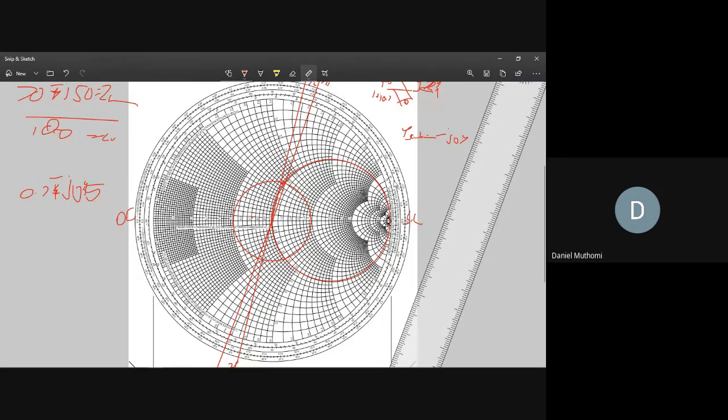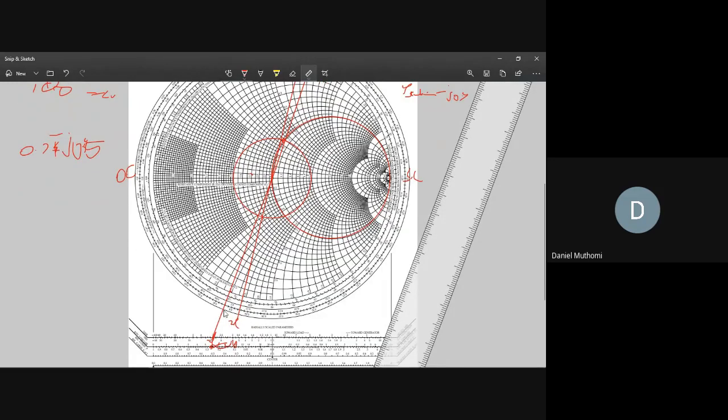So find its termination. It's your Y stub here, reading it towards the load. So the wavelength here up to the short circuit, which is 0.25, so 0.25 minus 0.096 or something of the sort. Yeah, so that will be your termination.